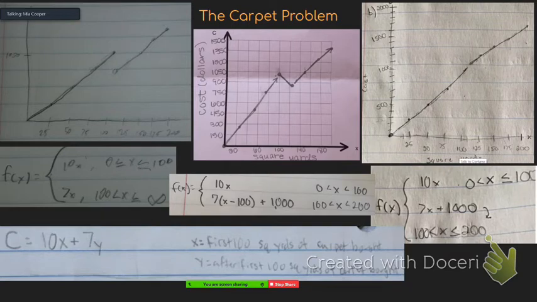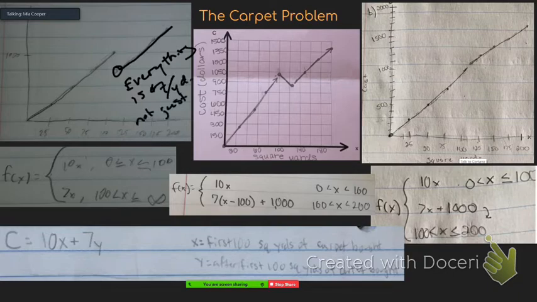So you're saying that this piece right here would show that everything is $7 a yard, not just after the 100 yards. Yeah. So you're saying that matches up with our first table. Thoughts on that? Agree with Mia, disagree with Mia?